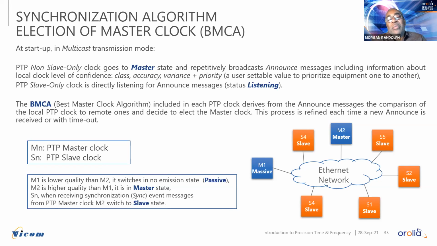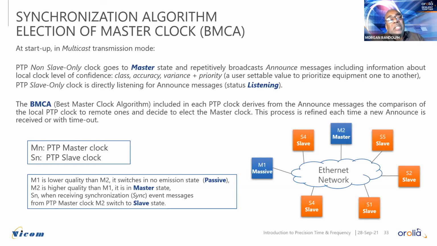Those are user-settable values to prioritize equipment one over another. So you can set that in the equipment so that you can say, I want this device over here to be the master. I want this one to be a master too, but I really prefer this device in the data center here versus this other device in the data center.